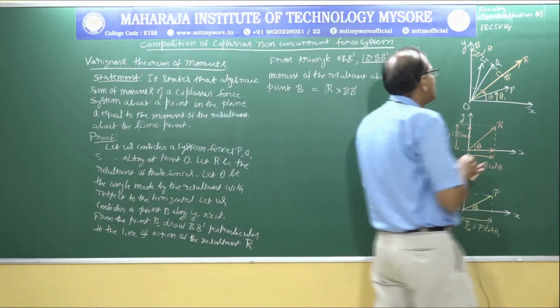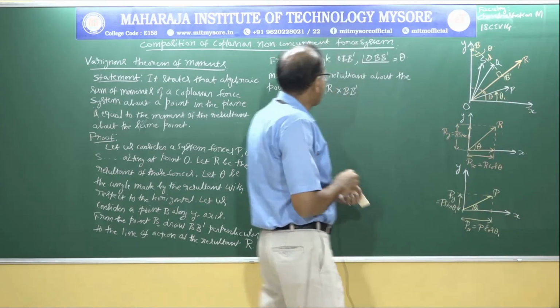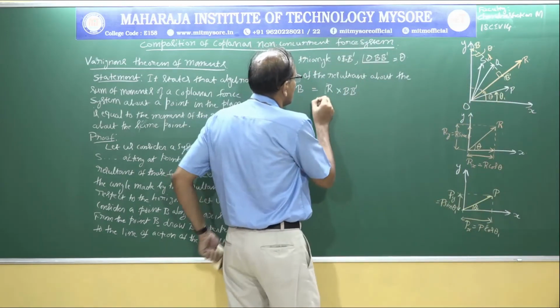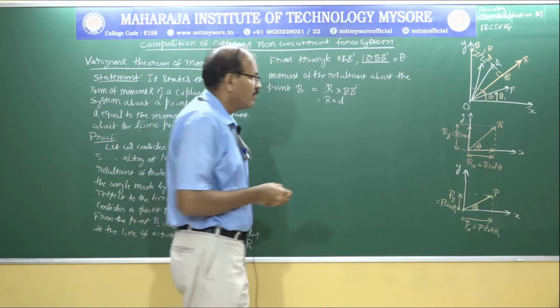I am going to take this BB dash as small d, that is R multiplied by d.